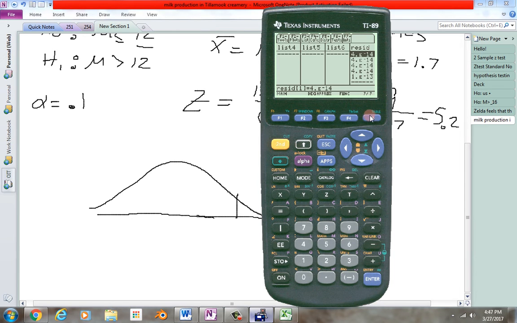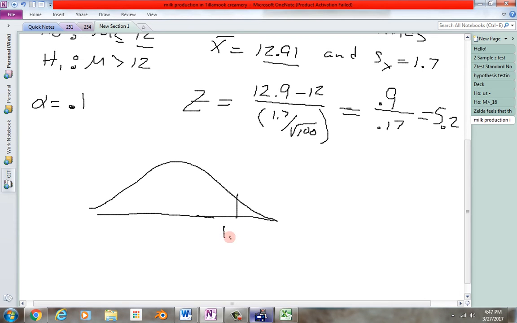Now it's important that when you're doing this, I want to really emphasize that you want to do inverse normal, but you want to make sure that you're using the standard normal. Now, this is area to the left, so 0.9 is in fact what I want. So it's 1.28. That's my critical value. Well, Judas Priest, you're clear out here. So what are you going to do?